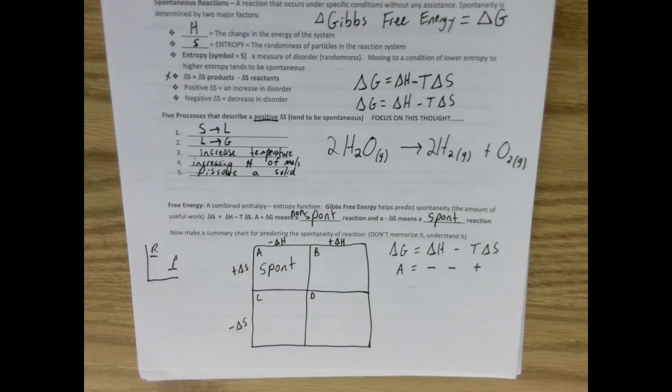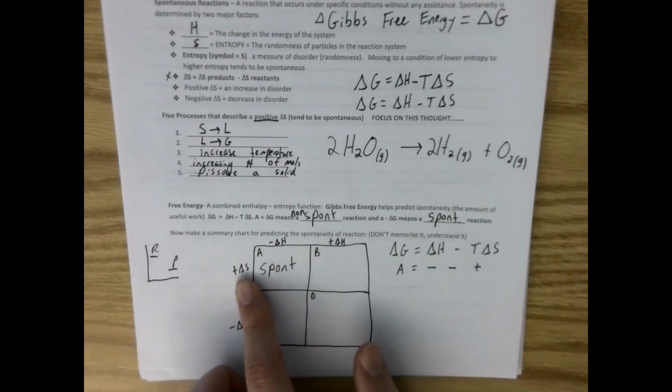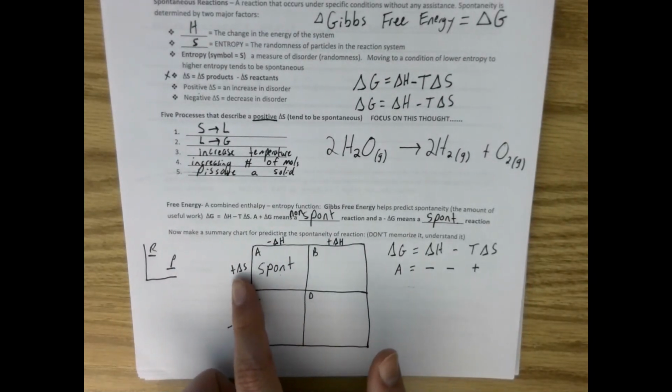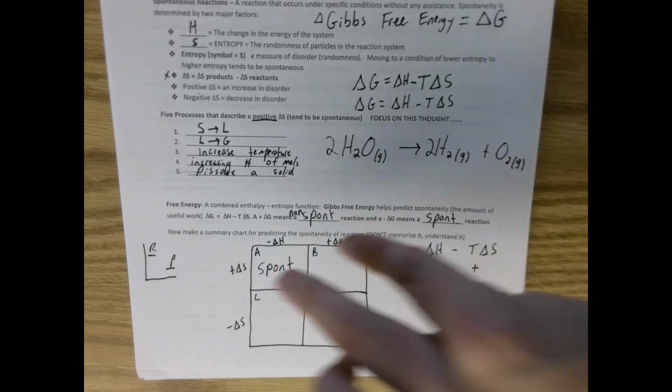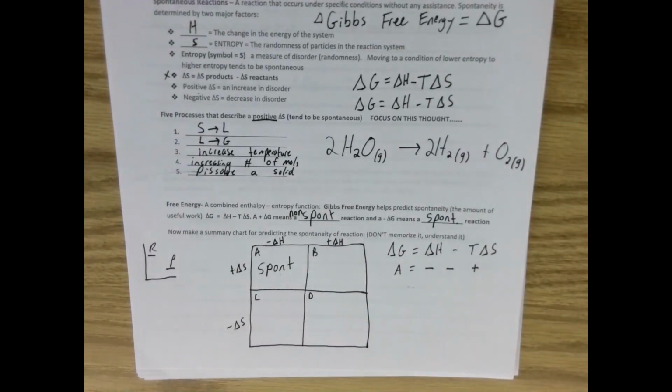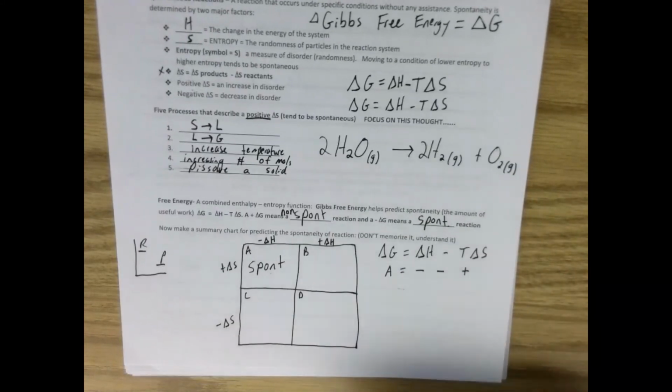So are the molecules becoming more stable as they move from reactants to products? Yeah. Is that a good thing? Yeah, they favor that. So that's why the negative delta H is good. And the positive delta S, disorder is doing what? Increasing. So we said that in the universe, an increase in entropy is favored. Okay, so we have two good combinations there. So when we have that combination, we always see a spontaneous reaction, negative delta G.